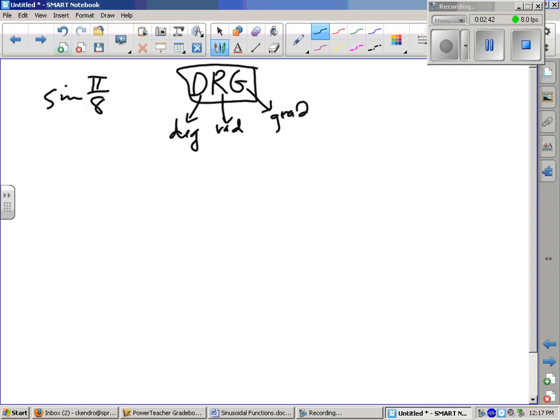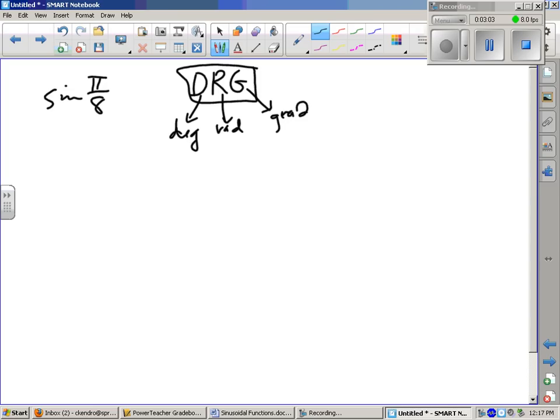I don't even know if I've ever used it. I think it's for some engineering things. So the DRG button will help you change between degrees and radians. You might have something else; I don't know what other calculators might have.